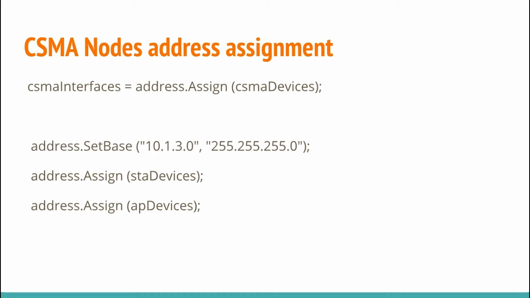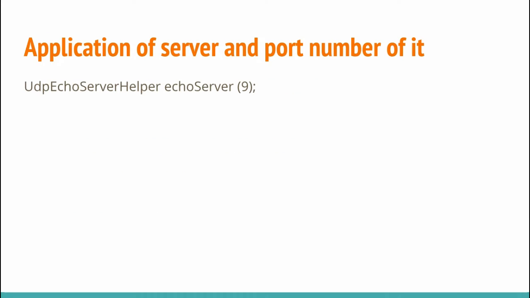After assigning the addresses, we go to this part of the code, that is the application part. In this application, the necessary thing is how we want the program to execute, like what type of application is needed. That can be done using this line of code.